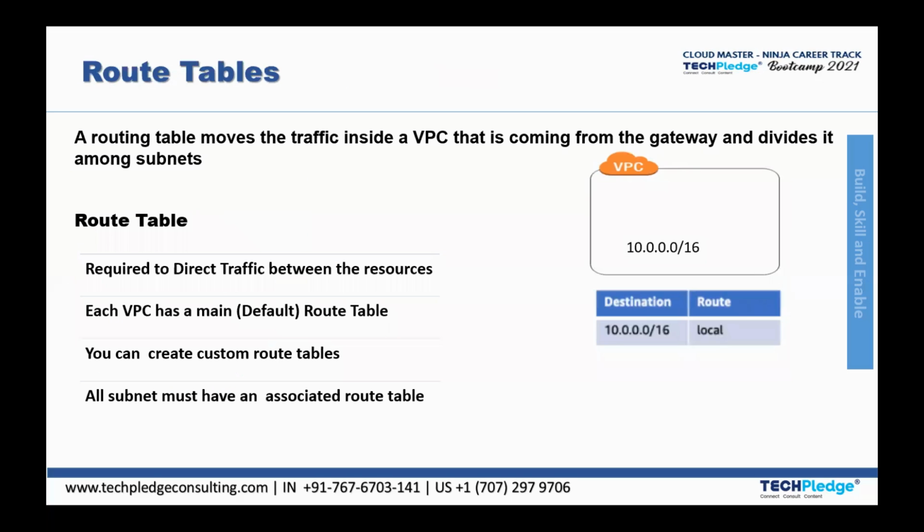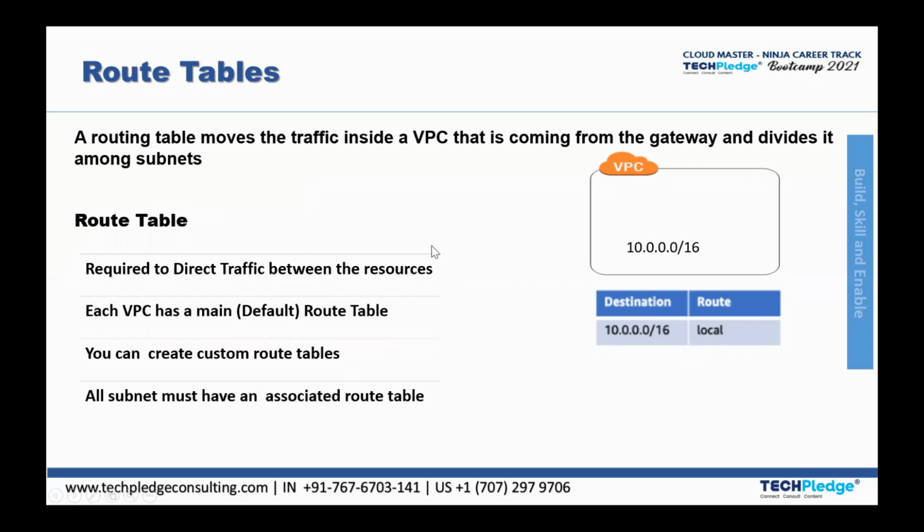Let us move on to our next slide. The next slide is all about the route tables, or routing tables. Now, a routing table will have two parameters called destination and route. Let us read out the definition and try to understand this.